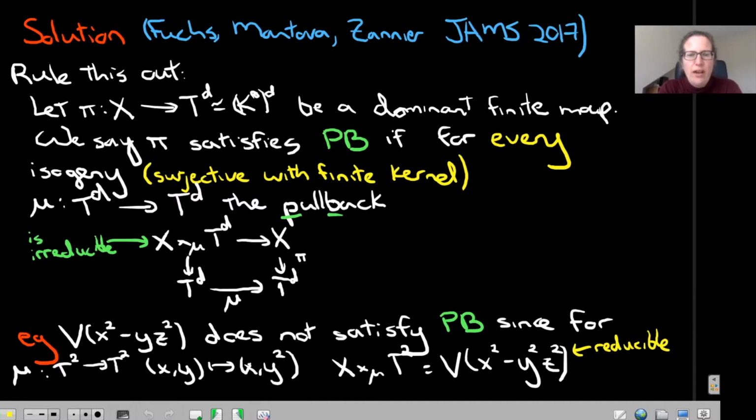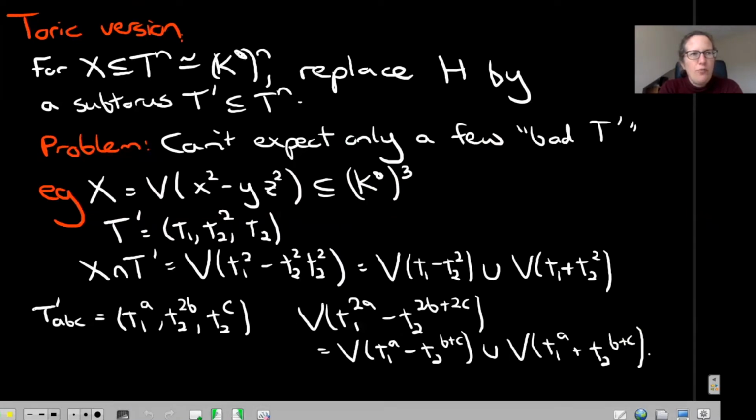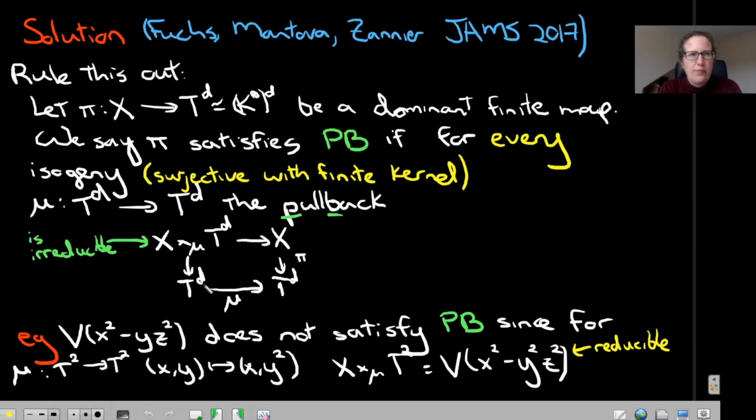The problem here was exactly that on the previous slide I could have had a T3 here, essentially switching by an isogeny.